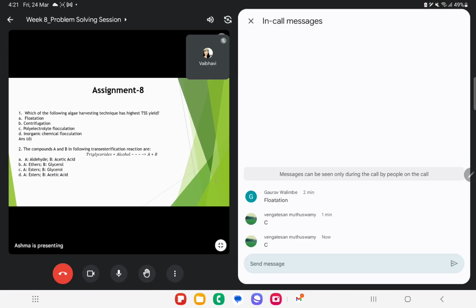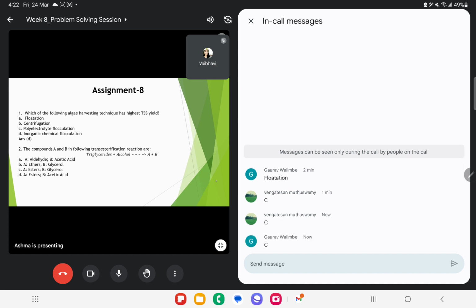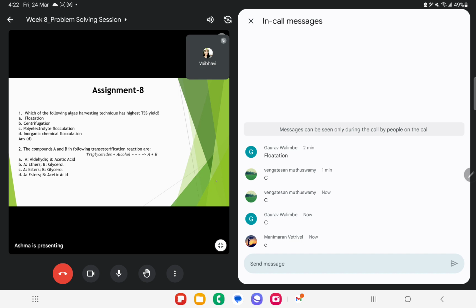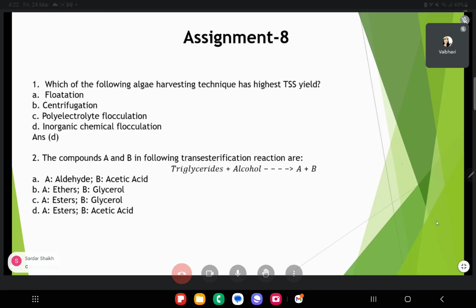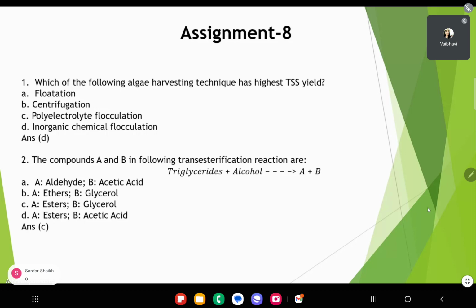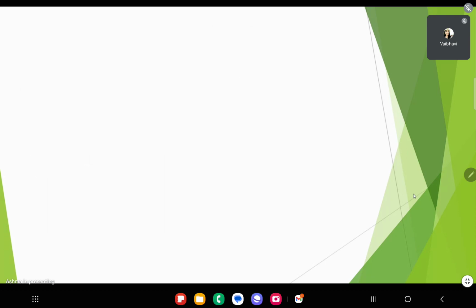See, I need one more answer, then we will proceed to the next question. C, the correct answer is C. Triglyceride with alcohol give esters and glycerol.